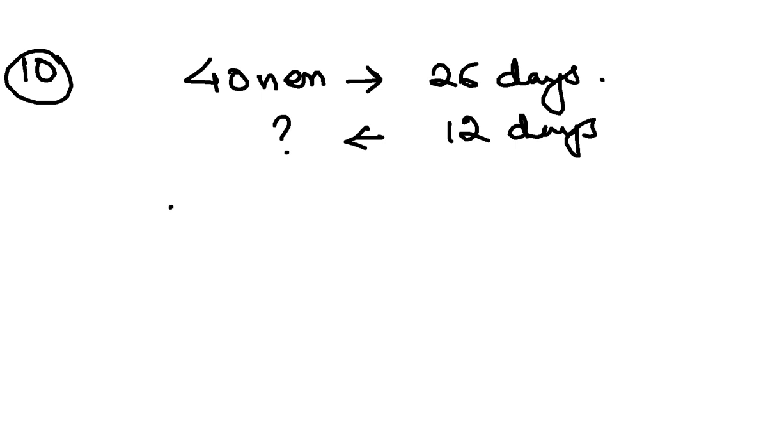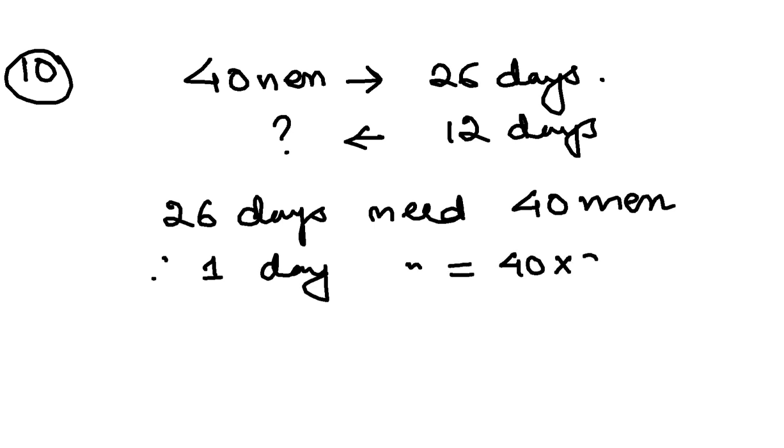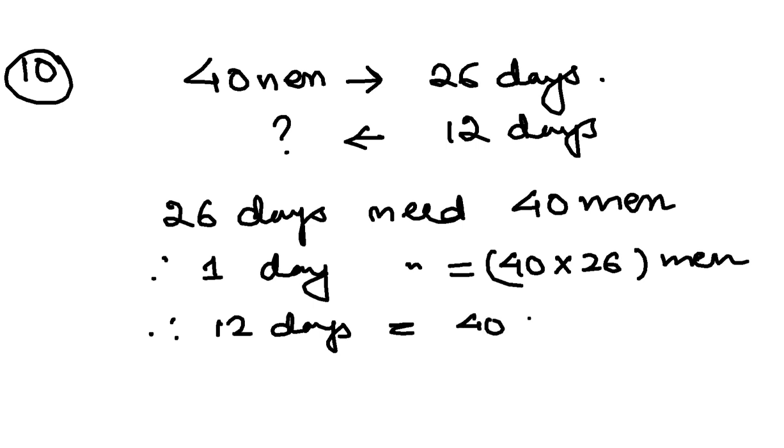So how shall I write this? 26 days need 40 men. If I have to do it in one day, I have to multiply because many men will be needed: 40 into 26 men. Therefore 12 days will need 40 into 26 by 12 men.